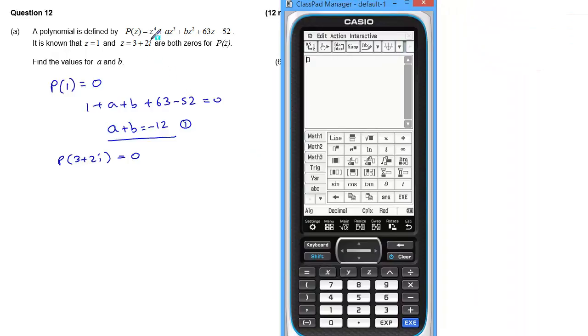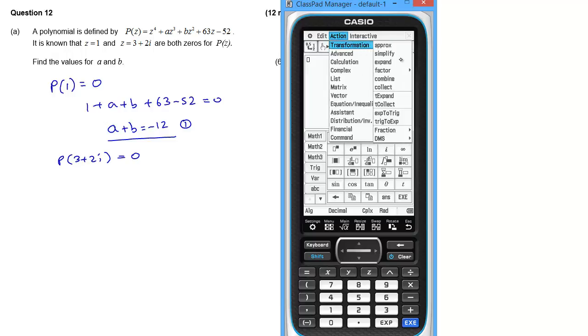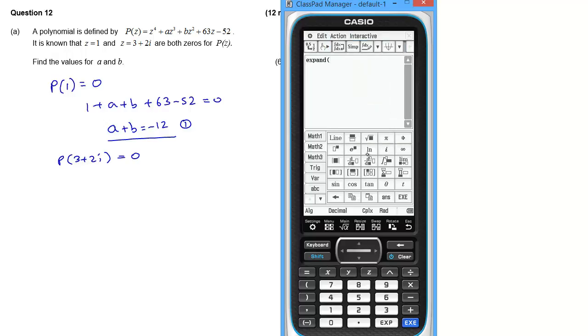Now, let's look at the bits here that don't have the a and the b. So what we want to do is expand. So we're going to have, to start with, 3 plus 2i. I'm just going to make a copy of that.